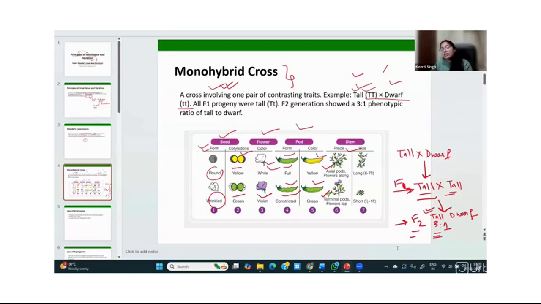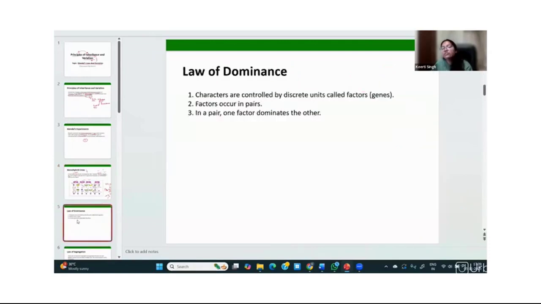Right? So on the basis of this, he derived 3 laws. First law is law of dominance. Law of dominance says that the characters are controlled by discrete units called factors, because he was not aware of the term genes.